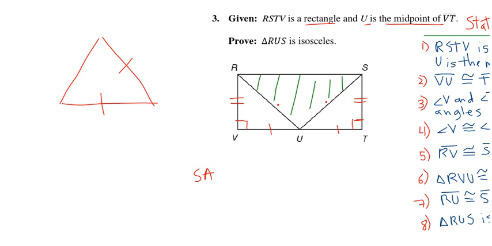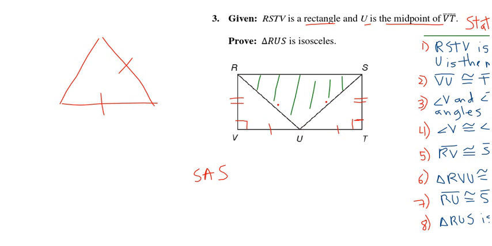Here we will simply say the opposite sides of a rectangle are congruent. So now we have side, angle, side. With this, we show that these two triangles are congruent. And after that, we can say that these two sides are congruent by CPCTC. And after that, we're going to say that this triangle is an isosceles triangle because it has two congruent sides.